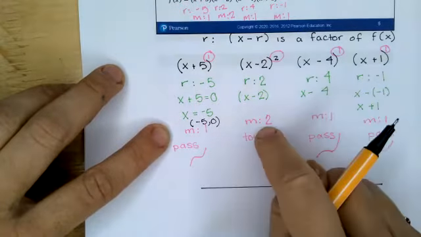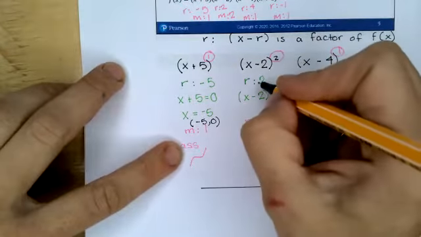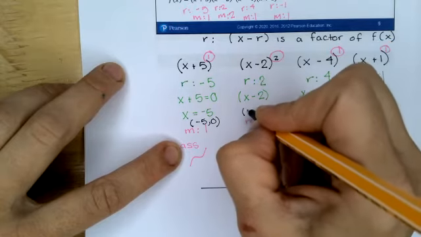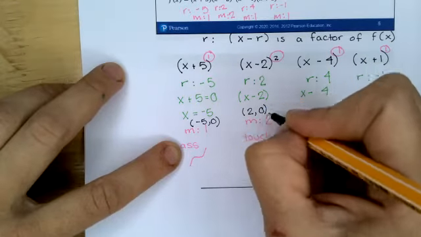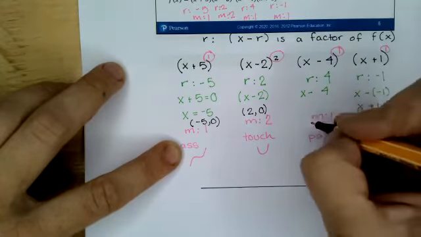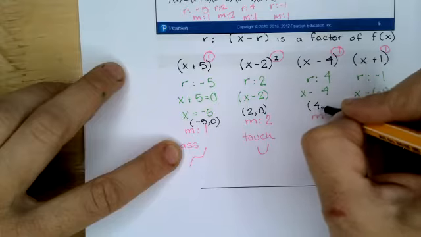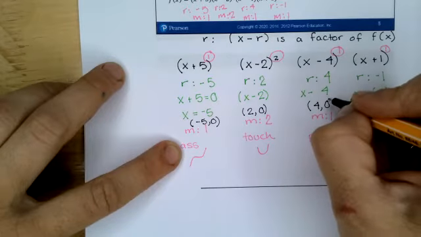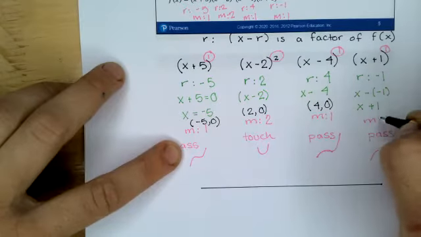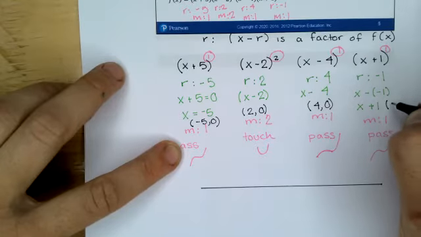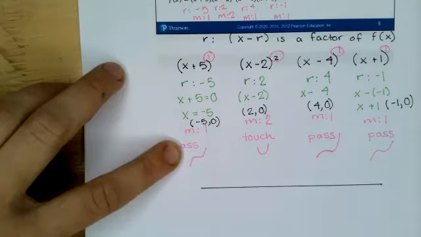There's going to be an x-intercept at 2, and it's going to touch. There's going to be an x-intercept at 4, and it's going to pass. And there's going to be an x-intercept at -1, and it's going to pass through.